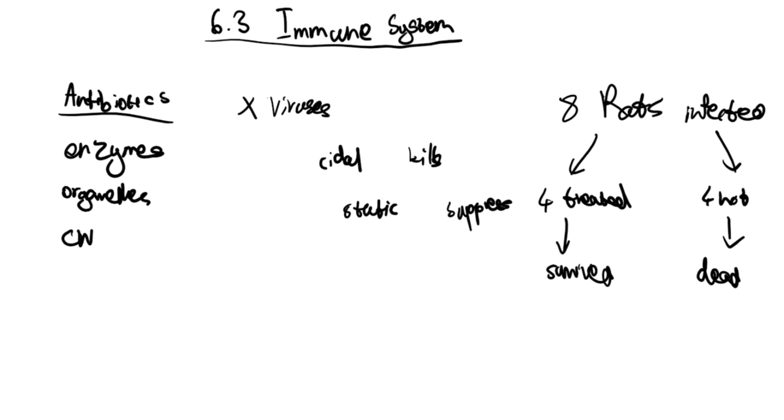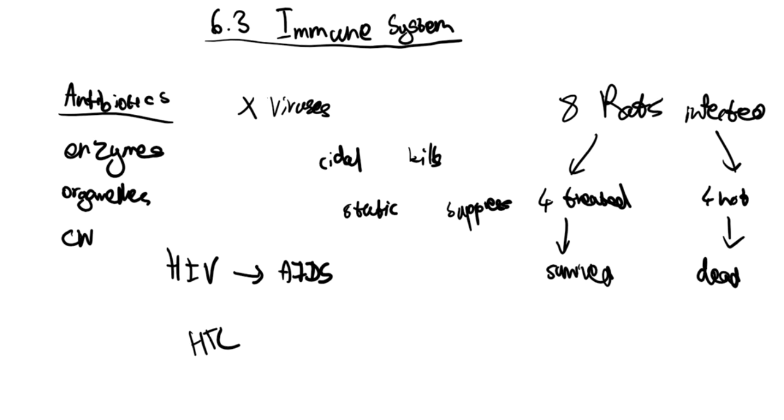Now we're going to go into HIV infection. HIV stands for human immunodeficiency virus. As the name suggests, it's a virus and it leads to acquired immunodeficiency syndrome. And what does HIV do? It targets helper T cells. What do helper T cells do? They activate B cells.